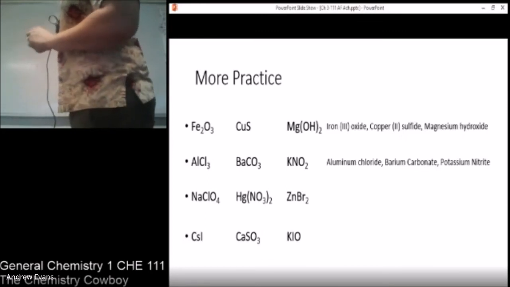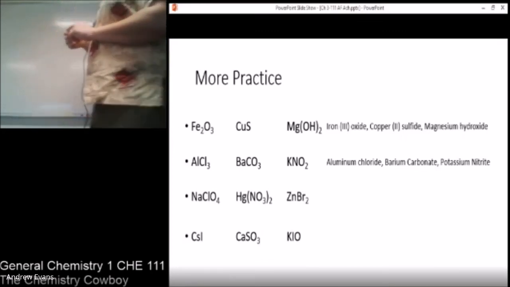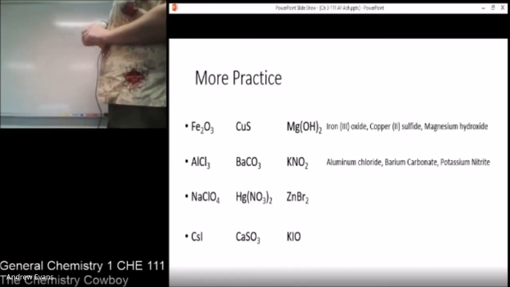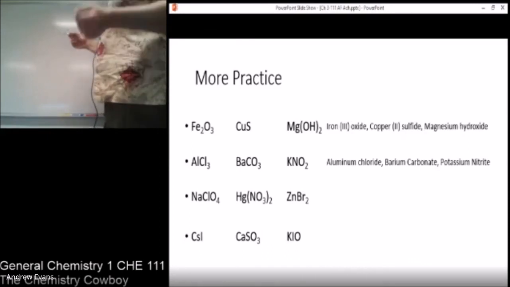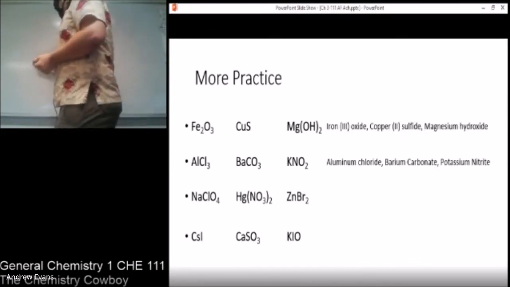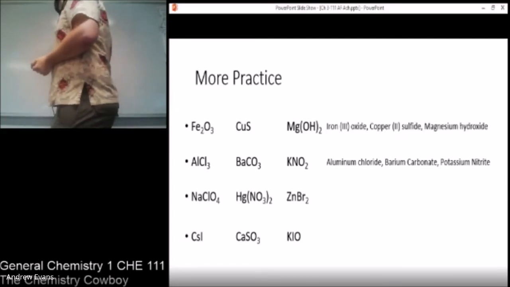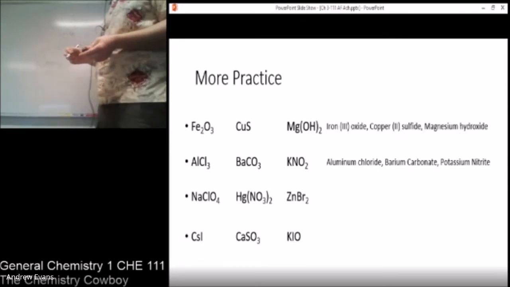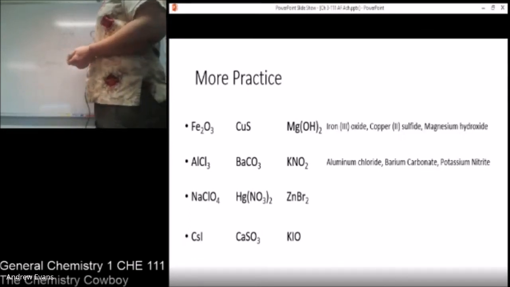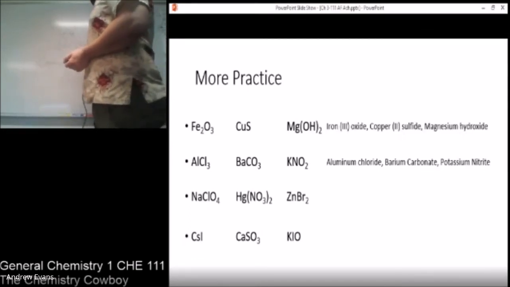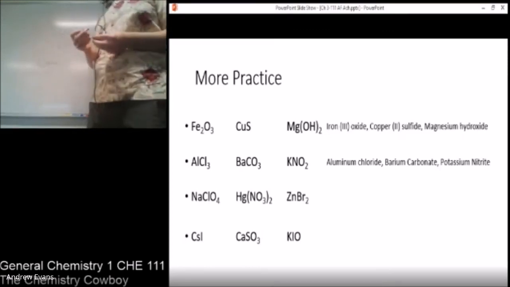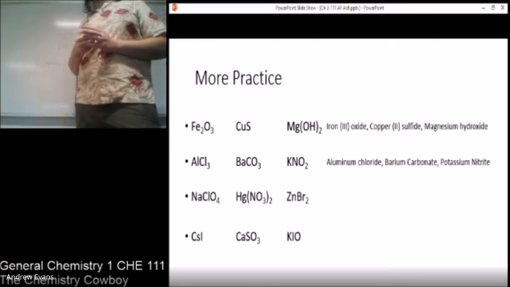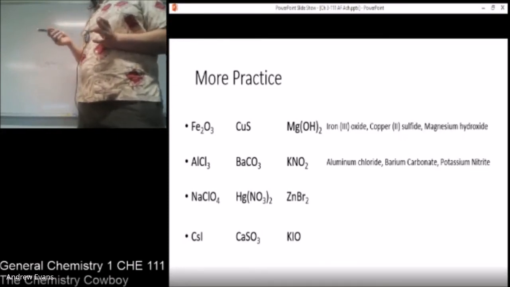Next one's a little tricky. Hg(NO3)2. So there's 2 things. 1, this is mercury. But mercury is a transition metal, so we have to label its charge. NO3, that's nitrate. Now here's where you get a little tricky. NO3 has a charge of 1-.